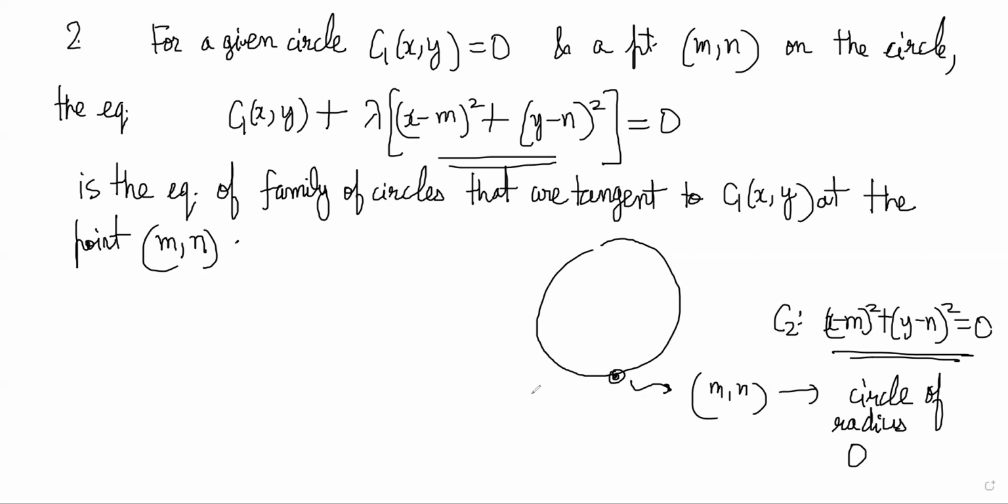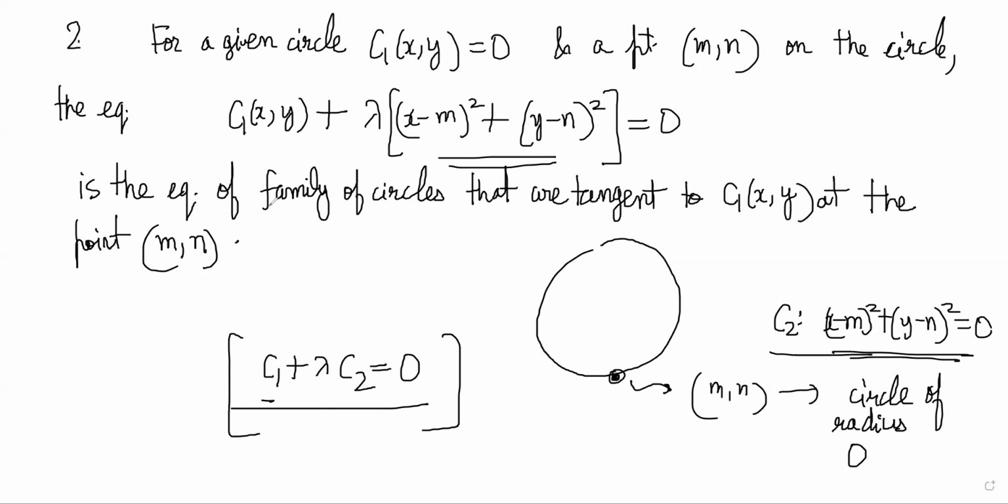Now we know that if you want the equation of the family of circles that pass through the intersection points of two given circles, you will do C1 plus lambda C2 equal to 0. So actually C2 is this and C1 is the original circle. When you do this, you get the equation of the family of circles that are tangent to this at this point, because the point circles are all touching here. So you can say that these two circles are tangent.